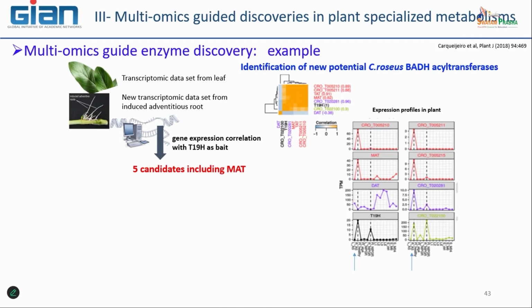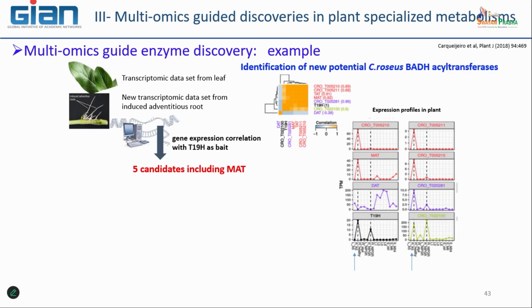And among these candidates, there was one that was already characterized in this part of the metabolic pathway. This was a way to prove to us that our co-expression strategy at least permitted us to find known genes among the candidates, which was interesting.